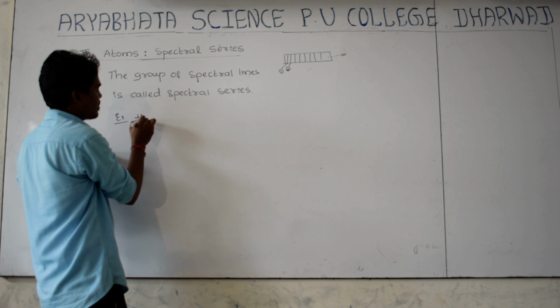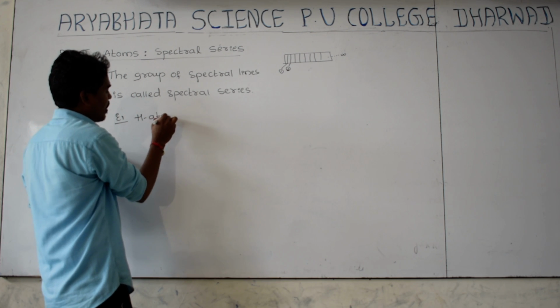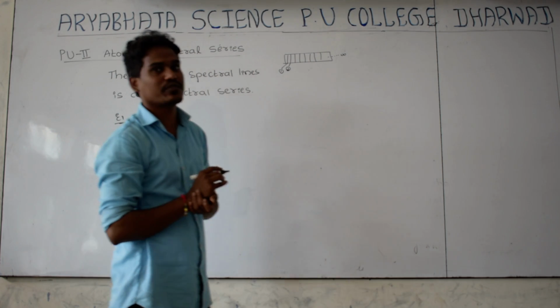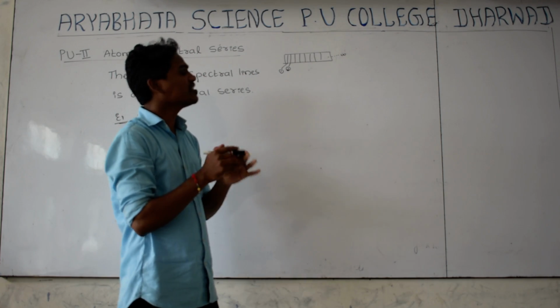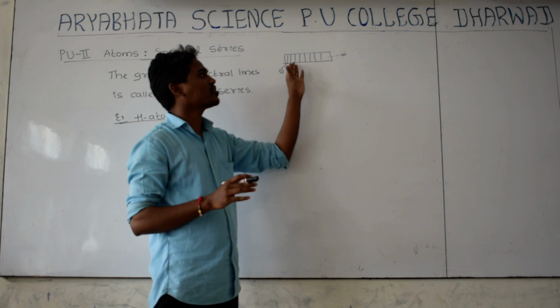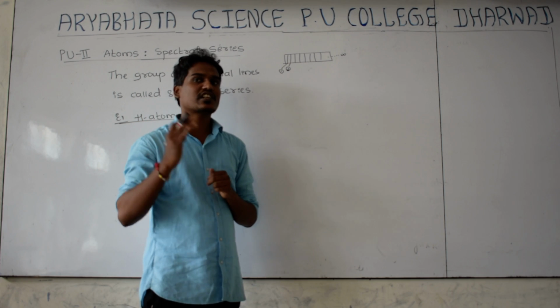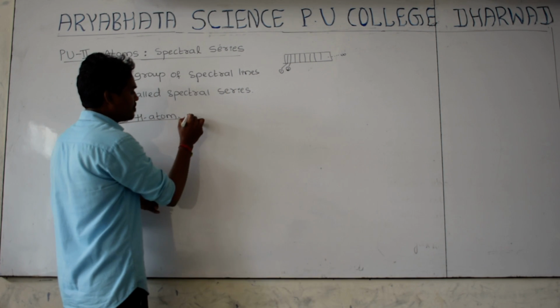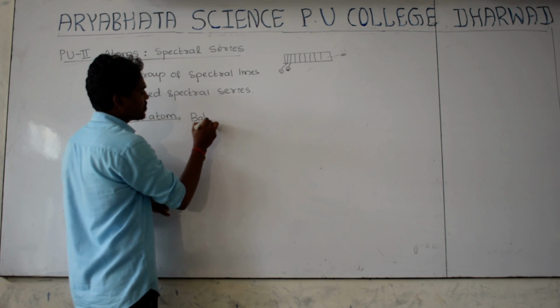Hydrogen atom. I am considering the hydrogen atom. In order to study the spectral series, that is, to study the wavelength of these spectral lines, there is a scientist called Balmer. He is a physicist.